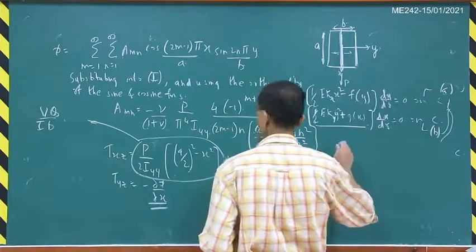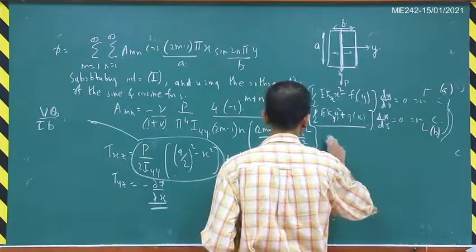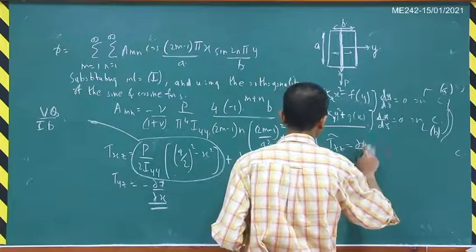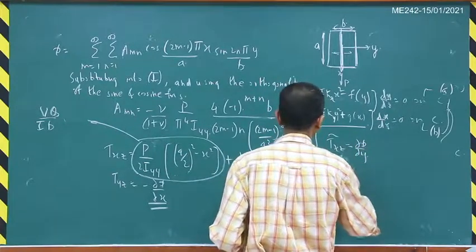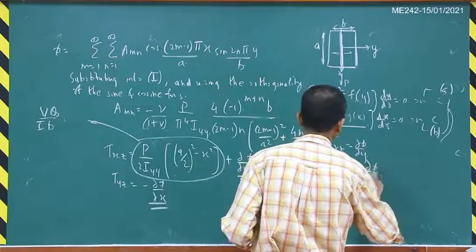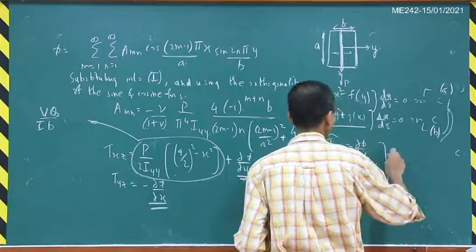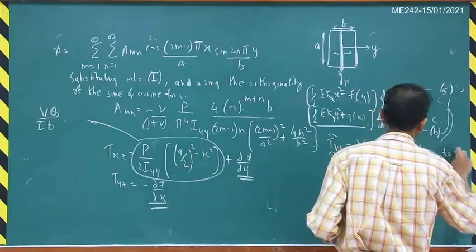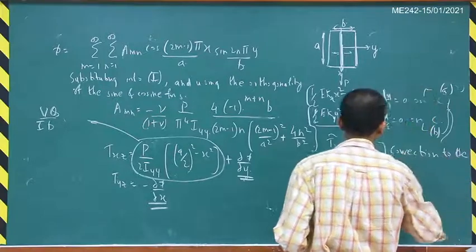So tau xz tilde is equal to del phi by del y, and tau yz tilde is equal to minus del phi by del x, is the correction to the strength of material solution, right?